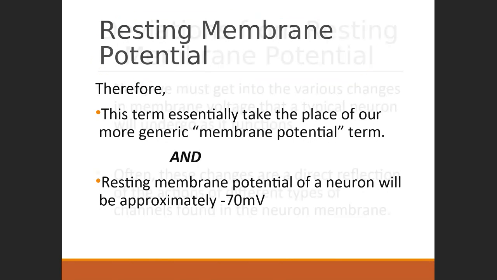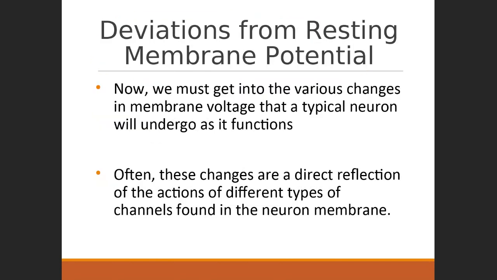So now we have to look at the different deviations, because we don't want a neuron that stays at rest all the time. We want it doing its thing. So we have to look at what changes the voltage. So in a cell at rest, we've got the sodium leaking in with its concentration gradient and being pulled back across to the outside by its electrochemical gradient.